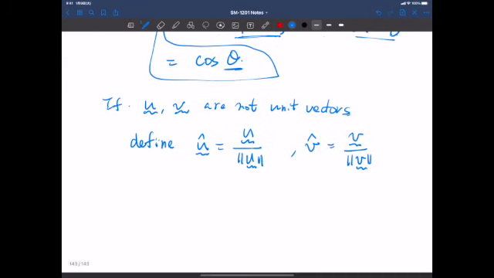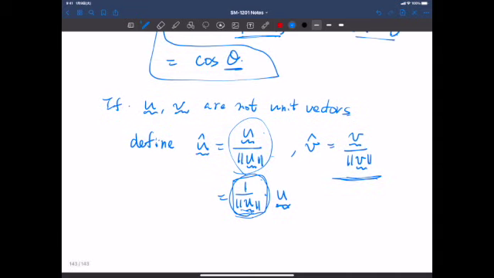By the way, we did not define division of a vector by a scalar. So what we really mean by this is 1 over the modulus of u times u. This division is a division between 1 and a real number, so it is a division within real numbers. Then this is a real number, so it's a scalar, and we can multiply a vector by a scalar, and same for this.